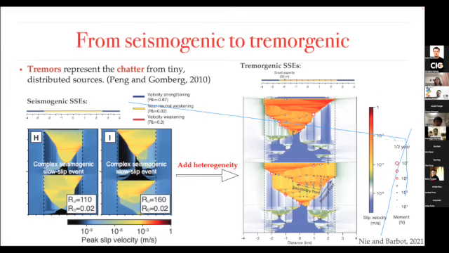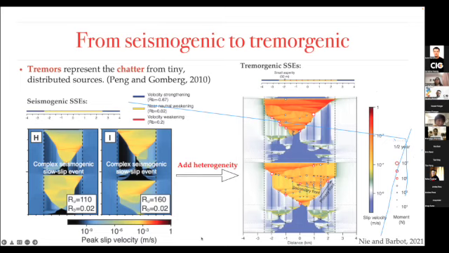Here we add several velocity weakening asperities into this homogeneous near neutral model to mimic tremors and slow slip events. We see that the slip of the heterogeneous model is way more complex than the seismogenic slow slip events.